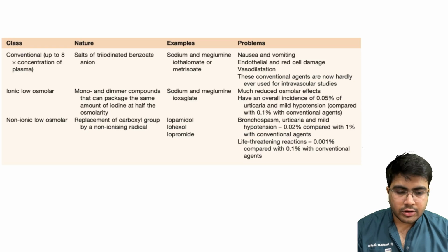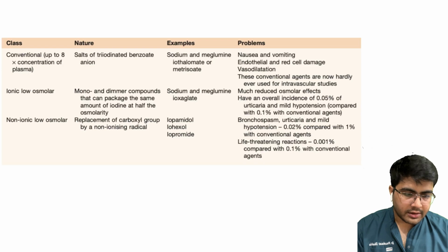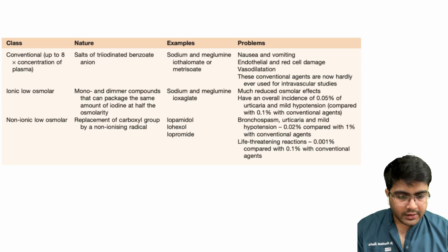They had much reduced osmolar effects and a reduced incidence of urticaria and hypotension. Following this there was further improvement, and now non-ionic low osmolar agents are used, produced by replacing the carboxyl group with a non-ionizing radical, examples of which are iopamidol, iohexol and iopromide. The problems with them are relatively small: bronchospasm, urticaria and mild hypotension are very low, and life-threatening reactions are even lower compared with conventional agents.